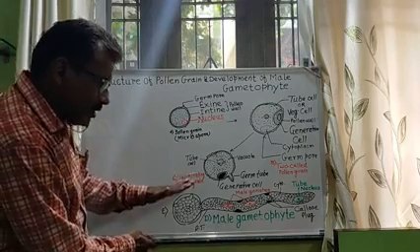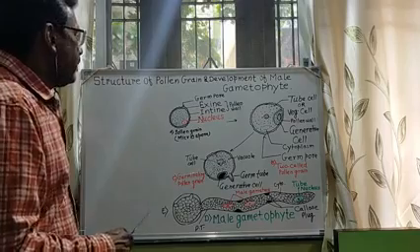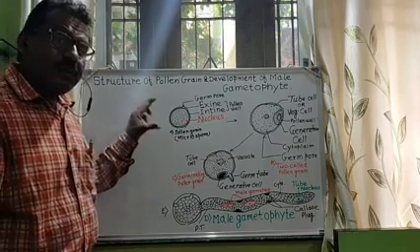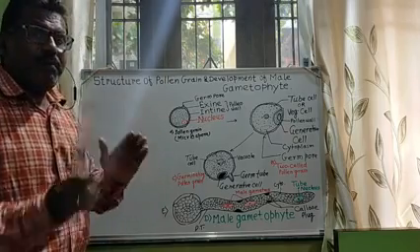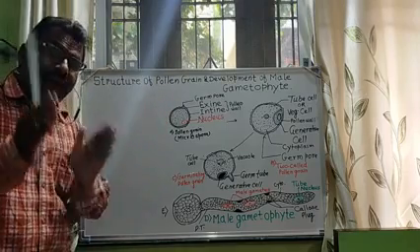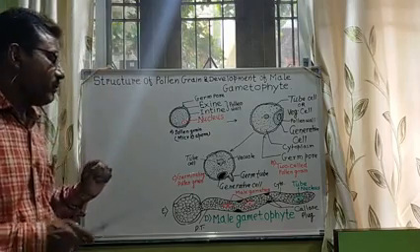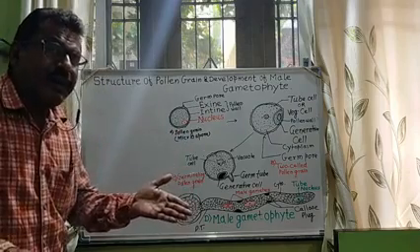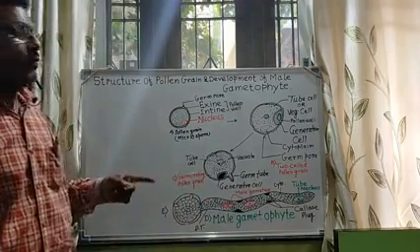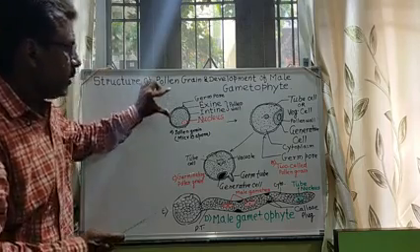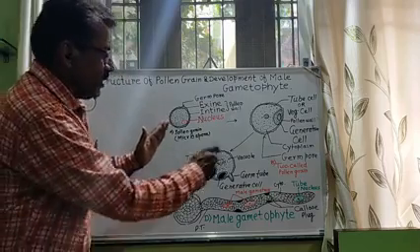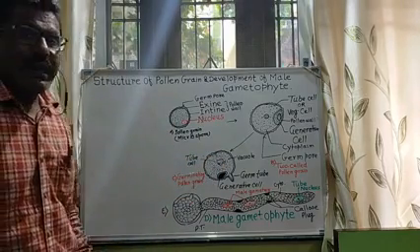The structure of the male gametophyte is very important, and how it develops from the pollen grain. The pollen grain or microspore is considered the male gametophyte of angiosperms, because the whole male gametophyte develops from a single pollen grain or microspore, and these are the different steps of the development of the male gametophyte.